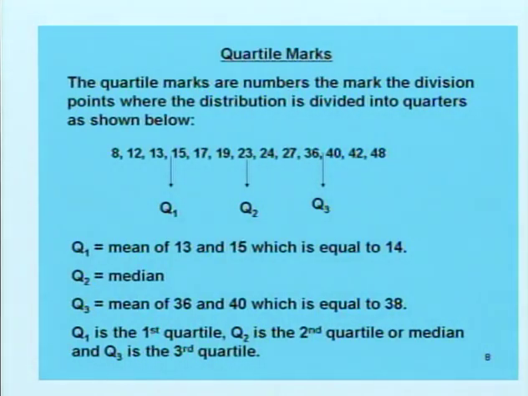So to find what that number is, we find the mean of 36 and 40, which would be 36 plus 40 divided by 2, which will give us 38. Q1 is the first quartile, and Q2 is the second quartile or the median. Q3 is the third quartile, and those are the quartile marks as given by those numbers: 14, 23, and 38.